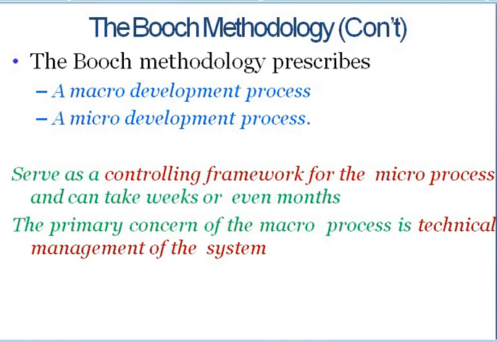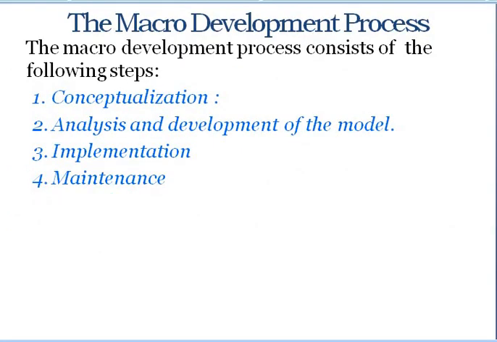Basically, this methodology describes two development processes. First is macro development and second one is micro development. It serves as a controlling framework for the microprocesses, and the primary concern of the macro processes is technical management of the system. First is macro development process.